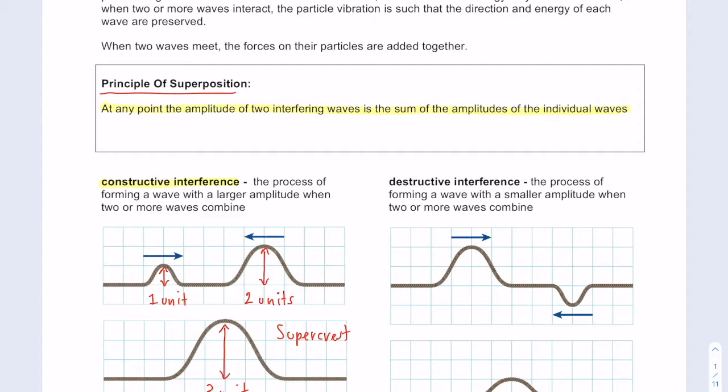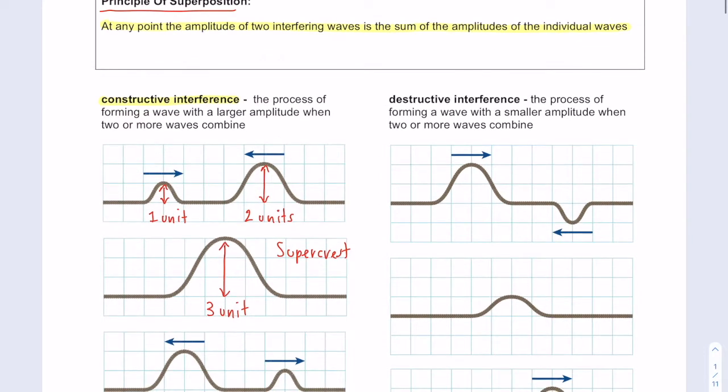This could also happen with troughs, where two troughs interact with each other to produce a supertrough. When the interference pattern is done, the result is that the waves continue to move past each other with their original amplitudes, original direction, as if they hadn't interacted at all.